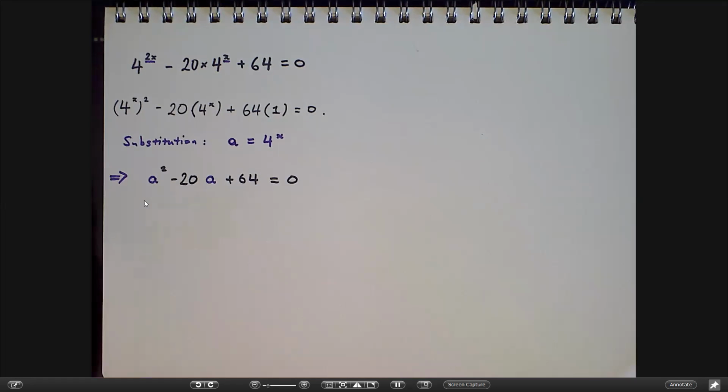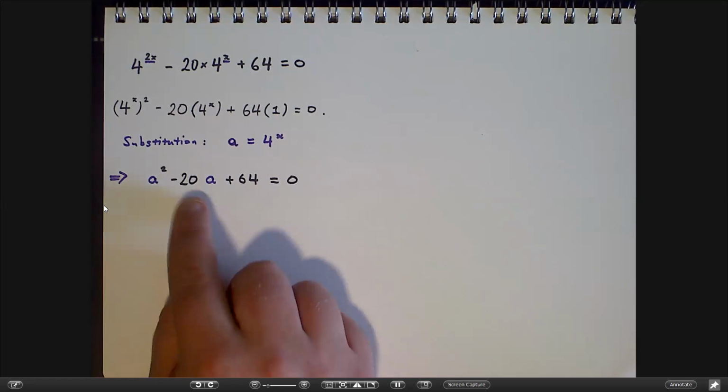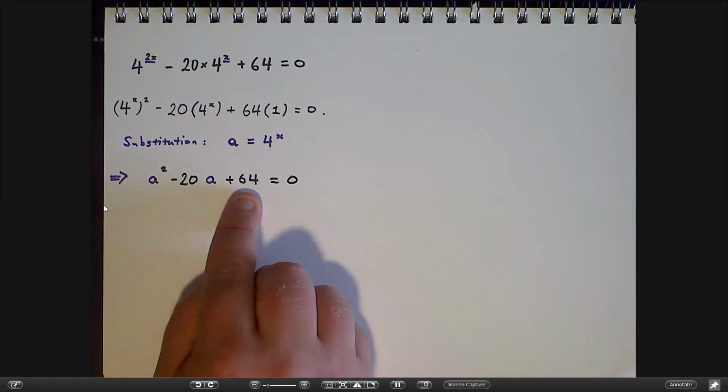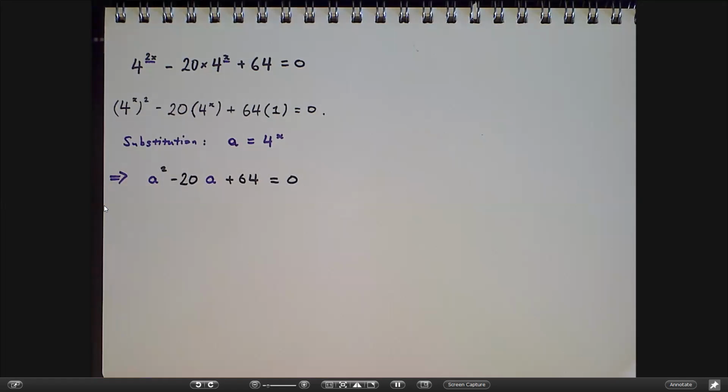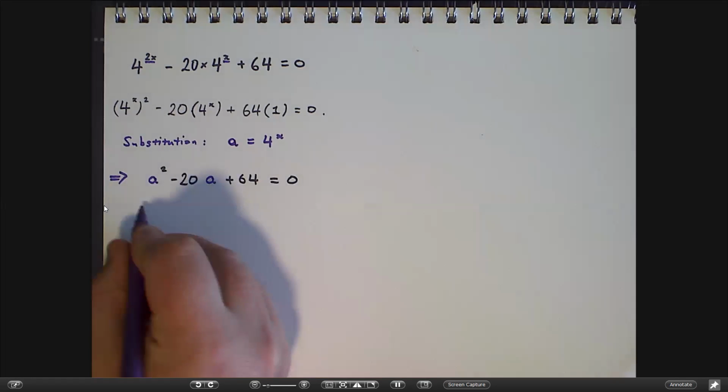But also, this is something you can look back at from your year 9 notes, or maybe look up on YouTube if you don't remember. But remember, we're looking for two numbers which multiply to 64, but which add to negative 20. And because I invented this problem, I know what those two numbers are. So I'll let you work them out for yourself.